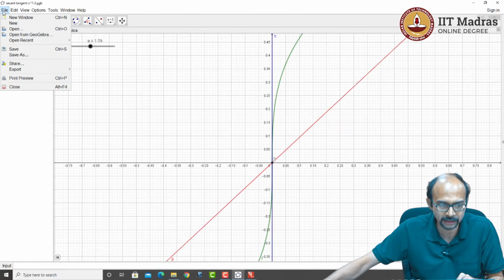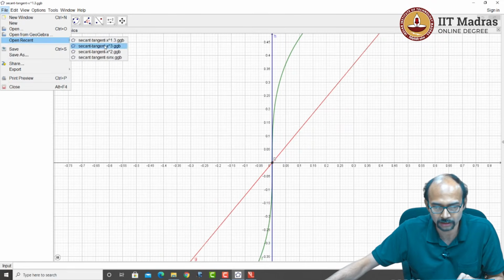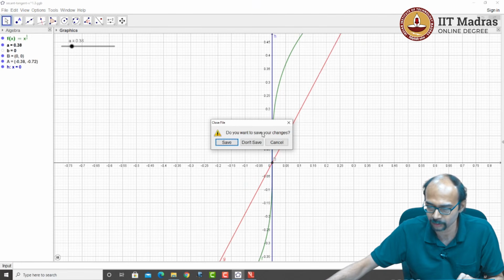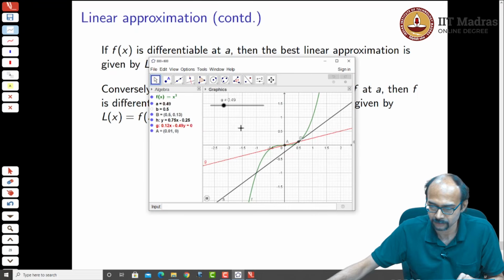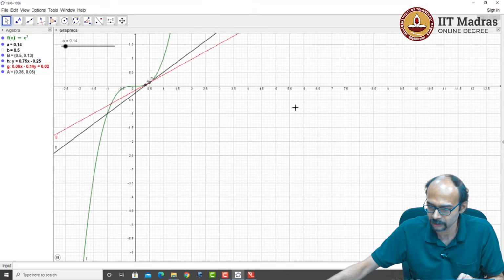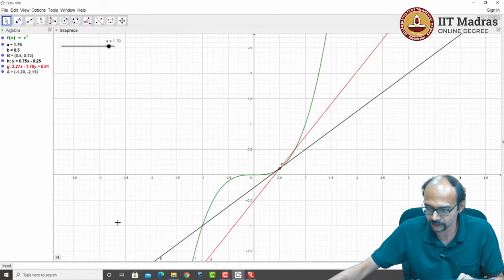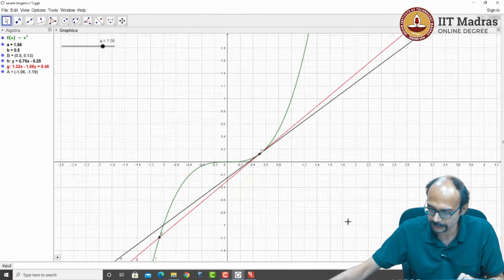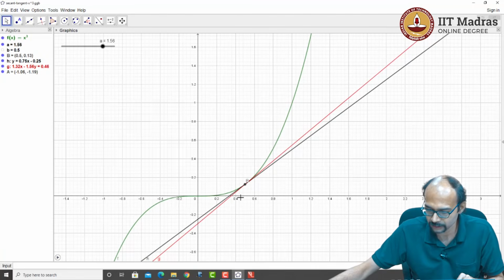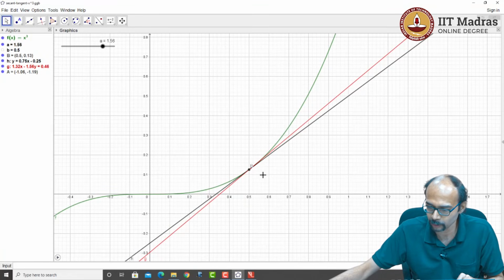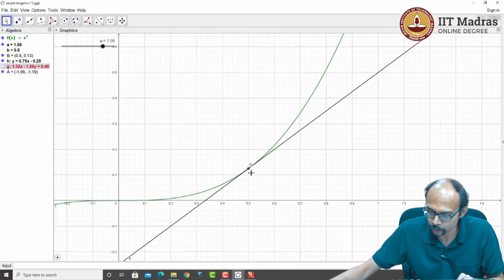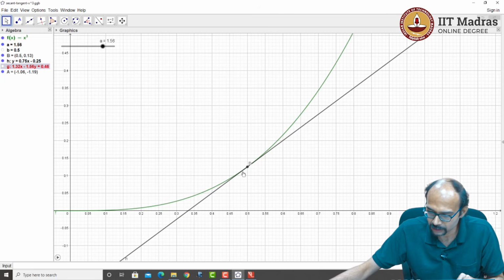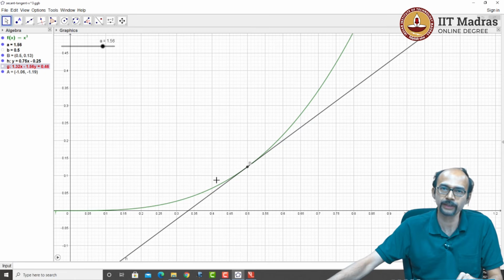Even in the other examples, let's look at one more example, maybe the example of x cube. You can stop the animation here. This is at the point 0.5. We don't need the red line. Close to this point, the curve, meaning the graph of the function, and the tangent are very, very close.